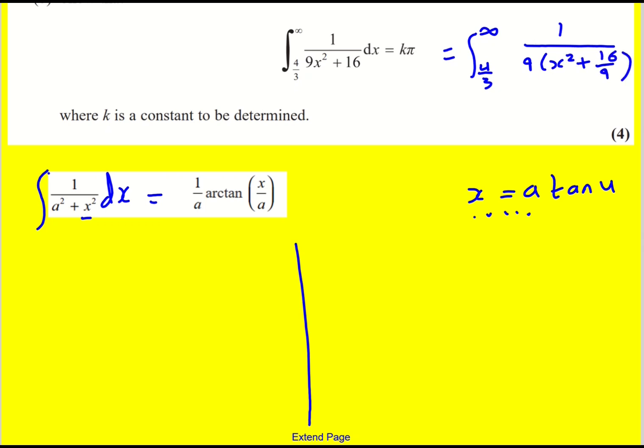And then I can bring that 9 out. It's going to be 1 over 9 times the integral from 4 over 3 to infinity of 1 over, and 16 over 9 is actually 4 over 3 squared. So let's write it in the same form as here: 4 over 3 squared plus x squared.